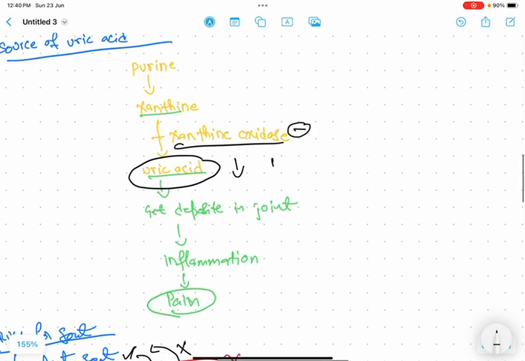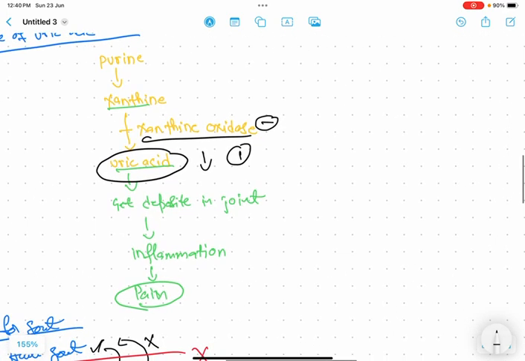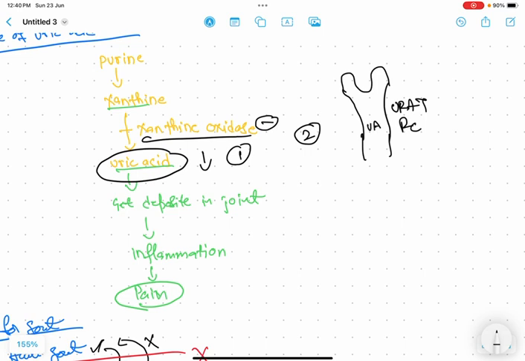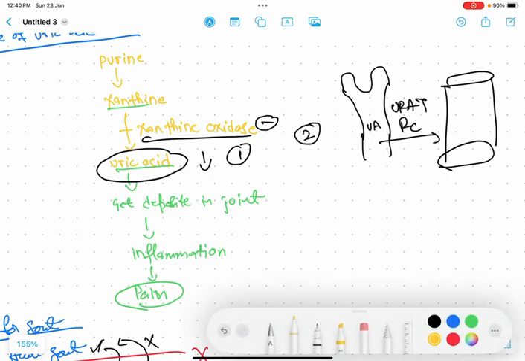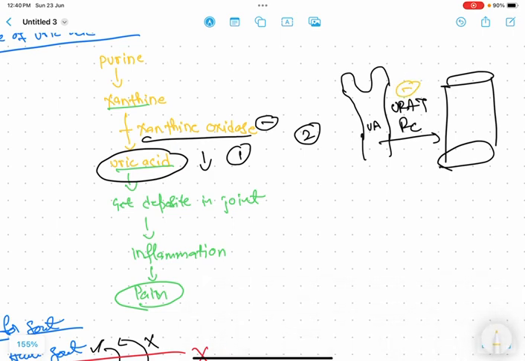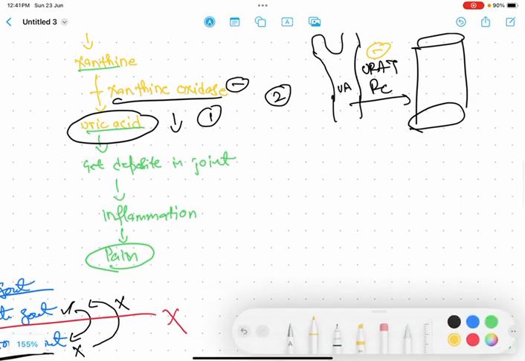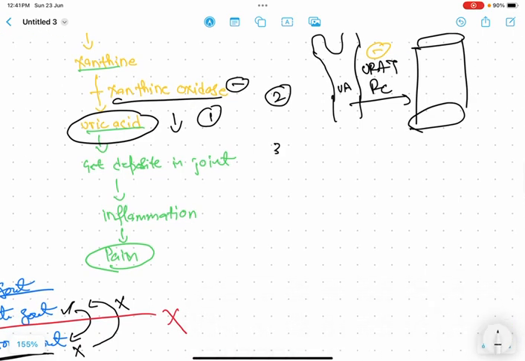This is the first. Second is that in the nephron we have the URAT receptor. The function of the URAT receptor is that it transports uric acid back into the body. So we have to block this URAT receptor. This is the second.